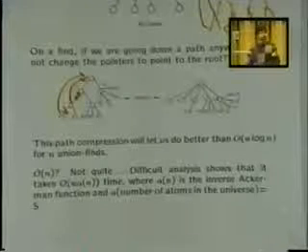If you do that, how much time can it take? Okay? Without doing any path compression, we showed that it took log n time, correct? If we do path compression, if we get better than log n, what can be better than log n per operation? Okay? Constant per operation.